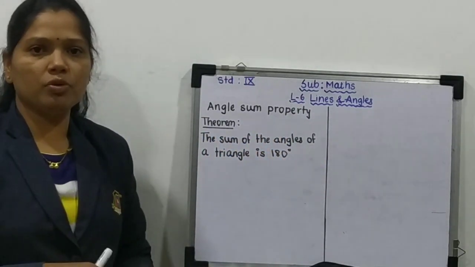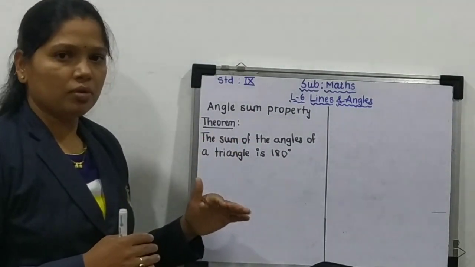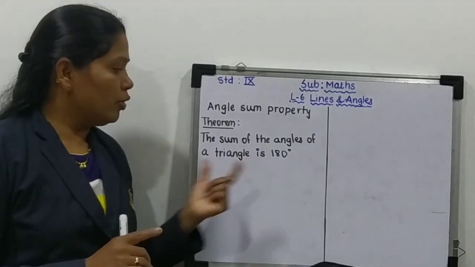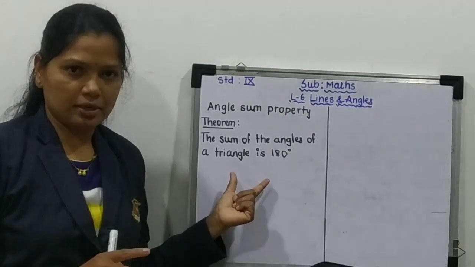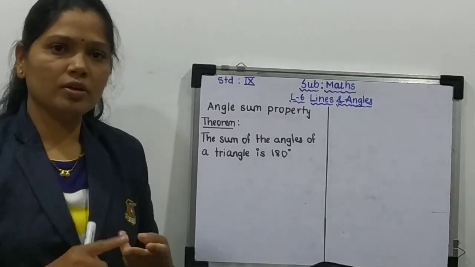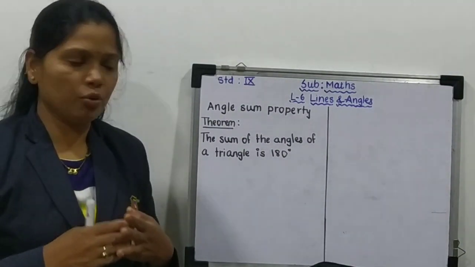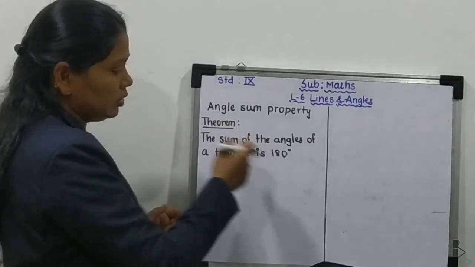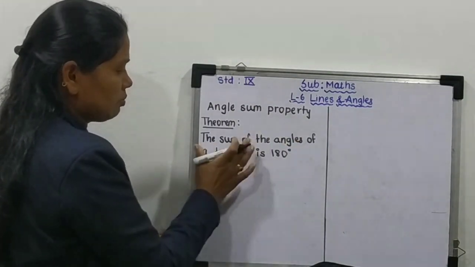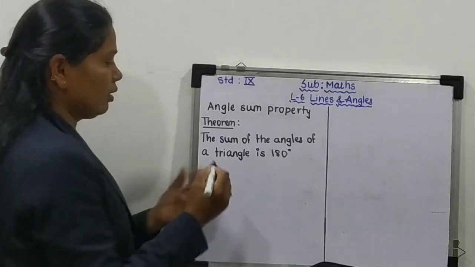So how will we prove that theorem? Whenever a theorem is to be proved, what I told you is, first of all draw a diagram according to the statement. Second, write the given and to prove, and then prove, right? So we write a proof in three parts. First let us draw a triangle. Why a triangle? Because the statement says the sum of the angles of a triangle.